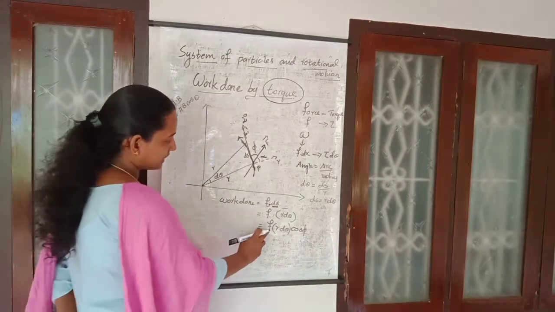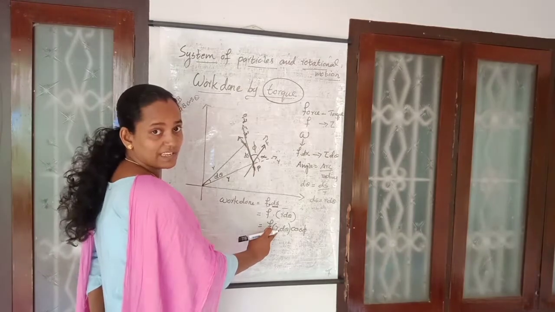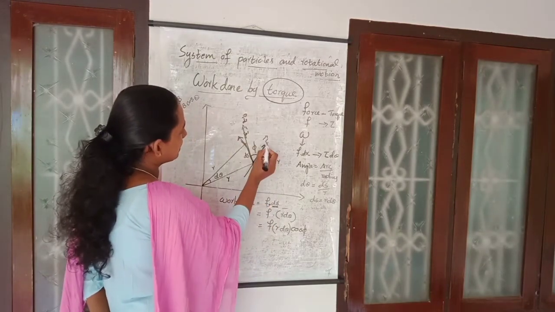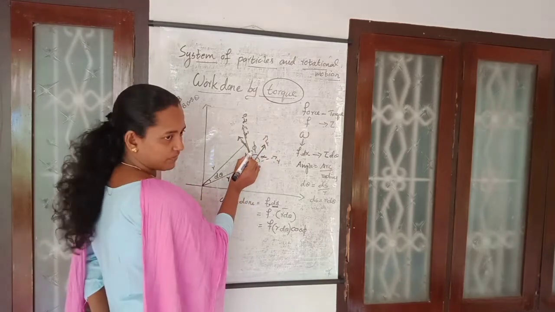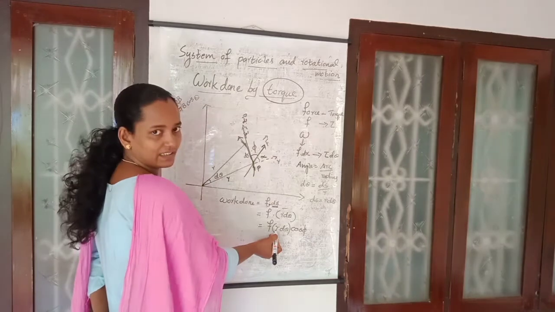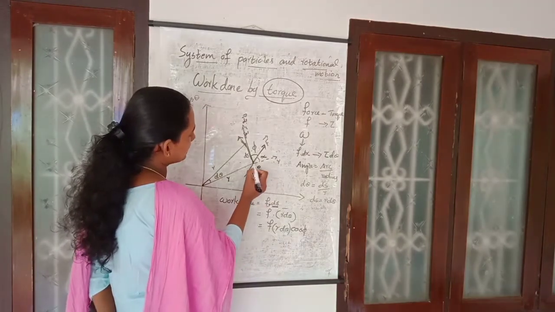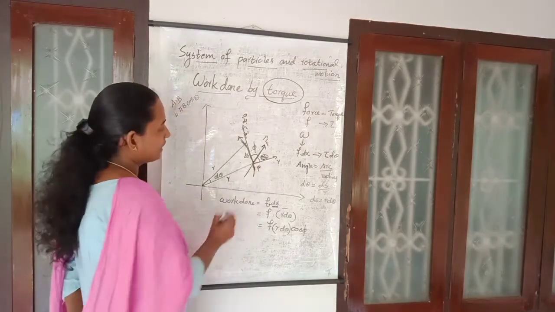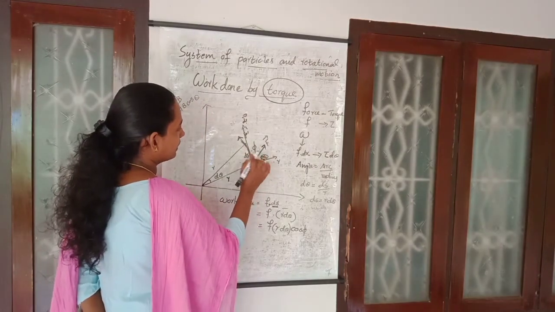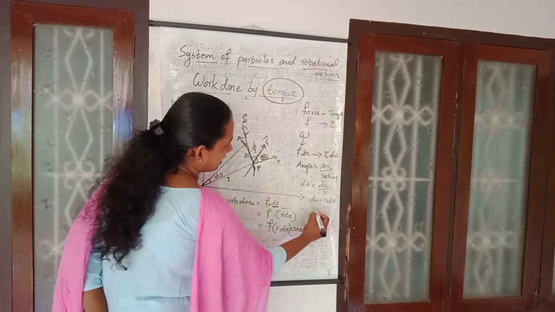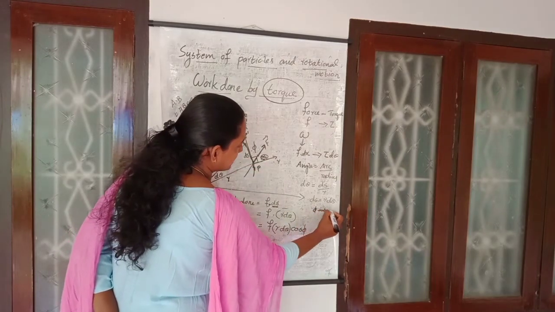Force and displacement make the angle phi. But when you write force and position vector, the angle is alpha. Here you can see phi plus alpha is 90.